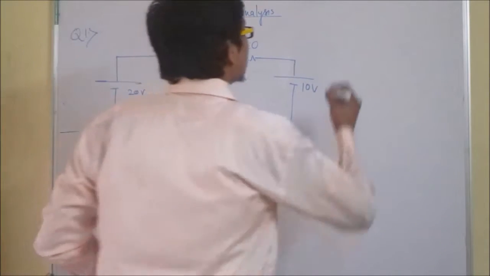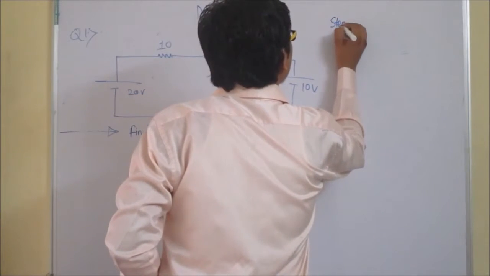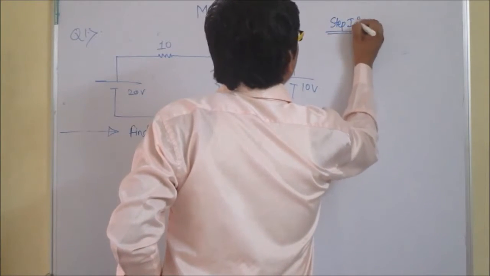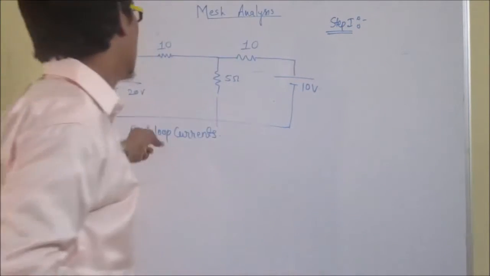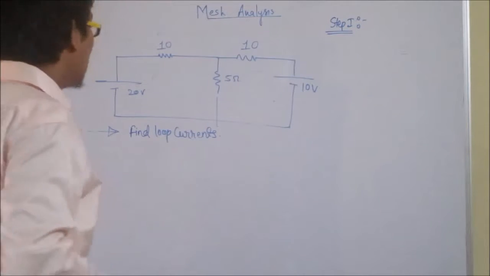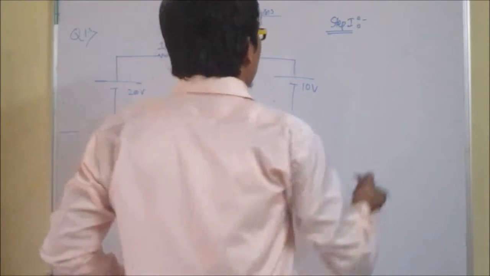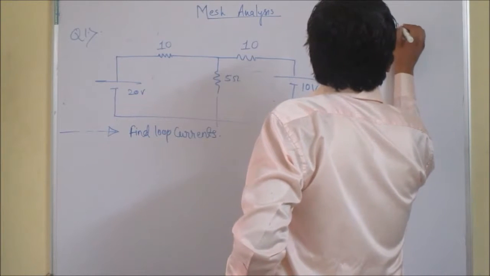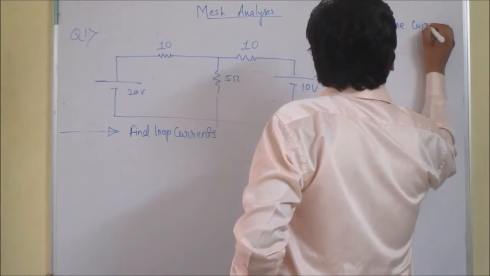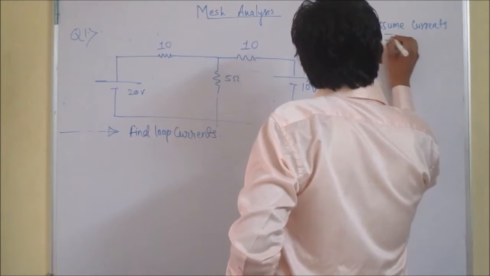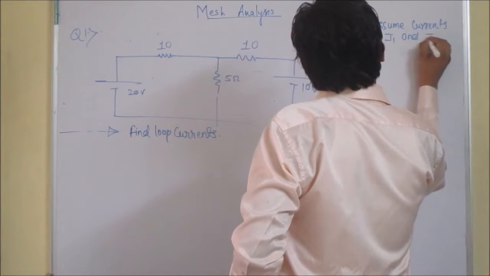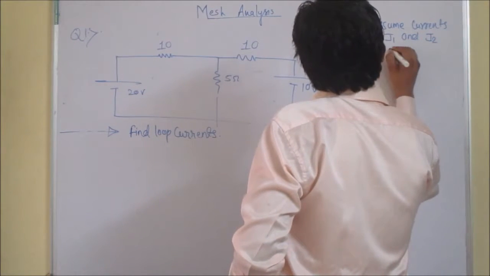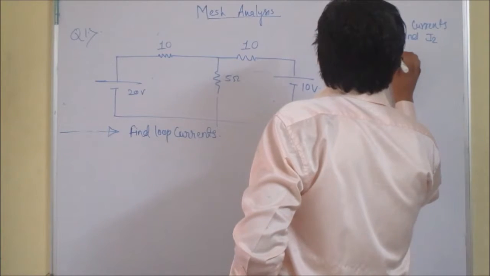Step 1: Assume currents I1 and I2 in each loop.